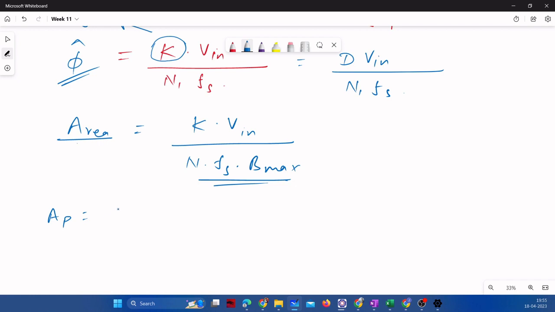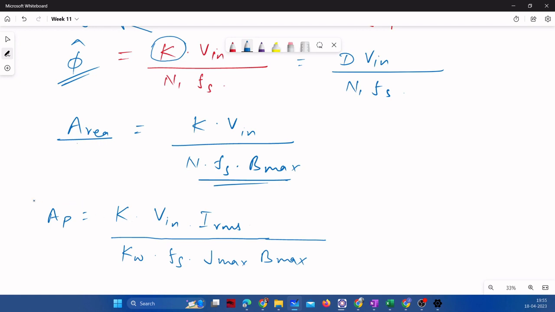So we have this K factor and V in into I RMS into KW window area factor into Fs from here and Jmax from window area factor and Bmax from this area. So this is the area product expression for the transformer.